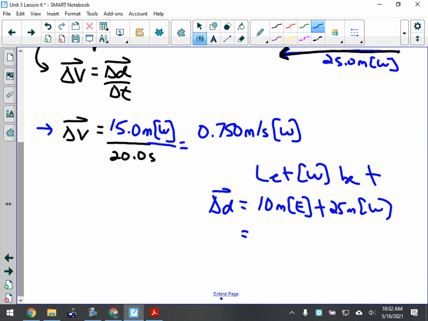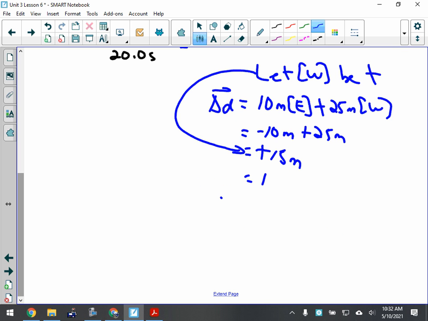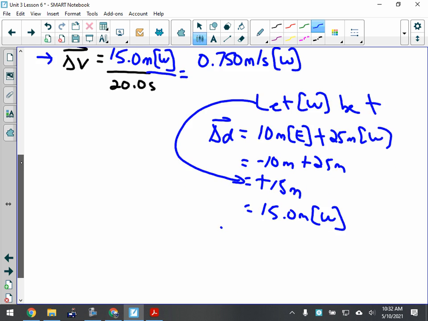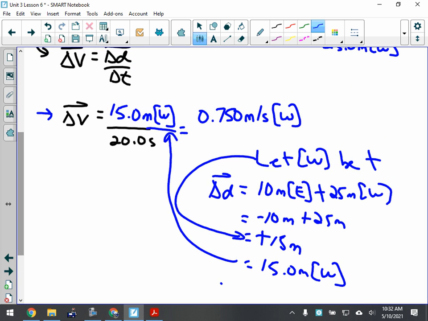The west is the positive direction, so this is a negative 10 meters. This is my positive 25 meters. And if I add those two together, I get a positive 15 meters. And since west is positive, I'd say that's 15 meters in the west direction. Okay, so if you want to do that, you most certainly can as well.